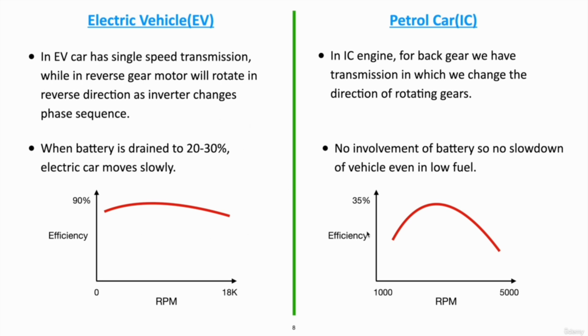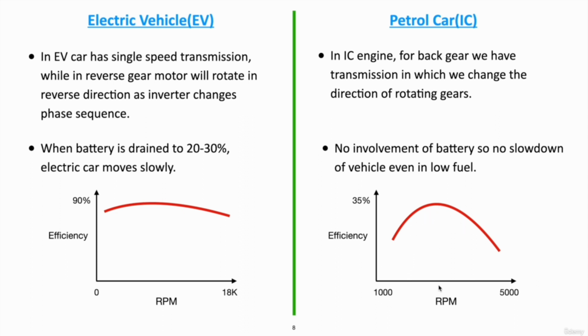Here you can see the graph of the two, RPM versus efficiency. We have 90% efficiency in electric vehicle, and it is constant throughout the RPM. Meaning if we increase the speed or RPM, the efficiency remains the same because there is no energy loss. Whereas in IC engine or petrol engine, while increasing the RPM, the efficiency first increases and then decreases.